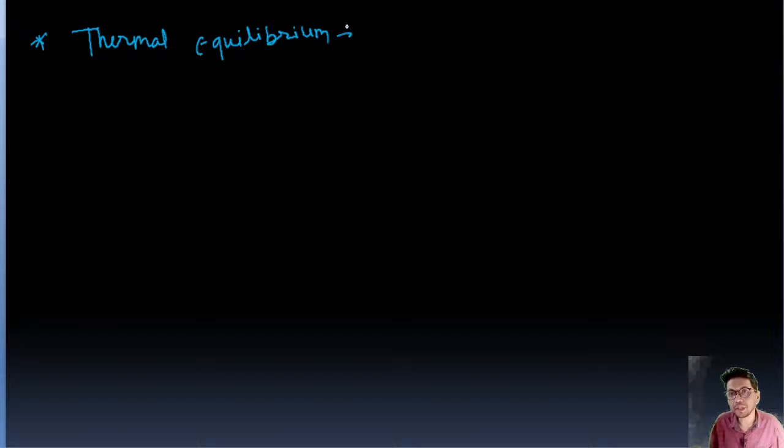In thermal equilibrium, we know a very simple thing. We have already studied it in class 11, 12, BSc, MSc, right? In thermal equilibrium, we know that temperature T1 equals temperature T2, right?